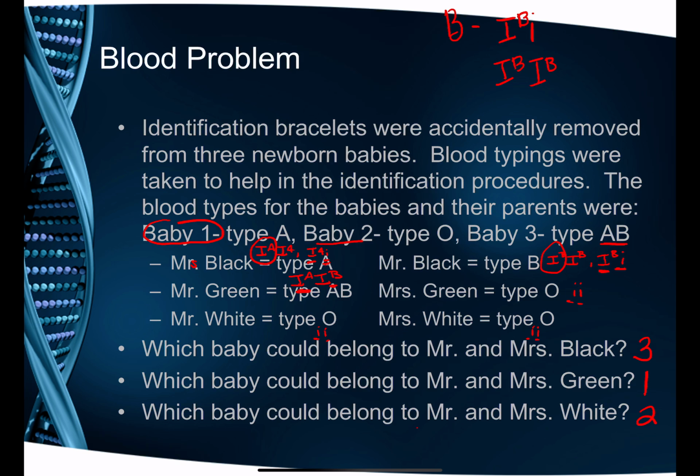So you can write either of those. Sometimes for shorthand, you'll also see it written like this, I big B blank, meaning we know it has to have one B allele, and then this one is questionable, okay? So either way you choose to write it, whether you choose to write both or you choose to use the shorthand, is fine with me.